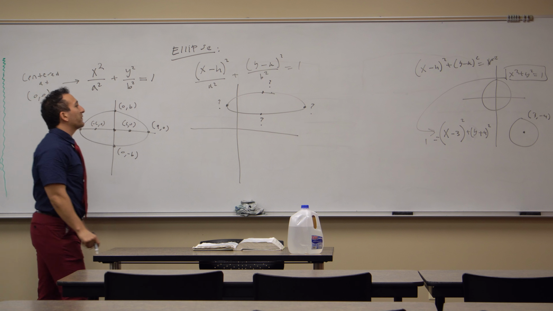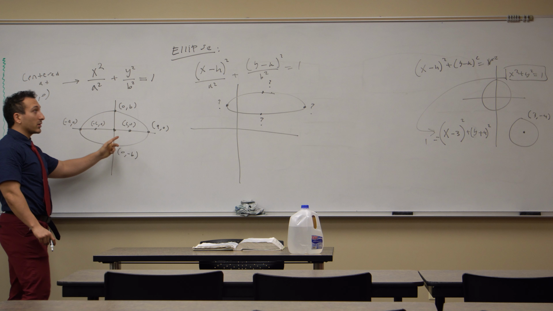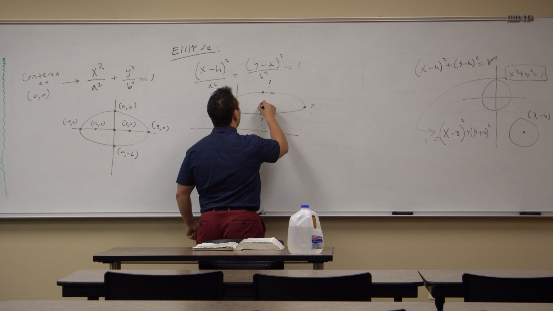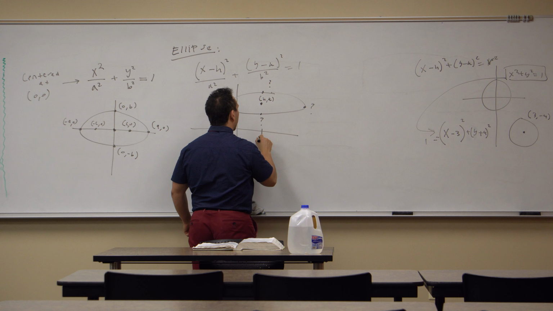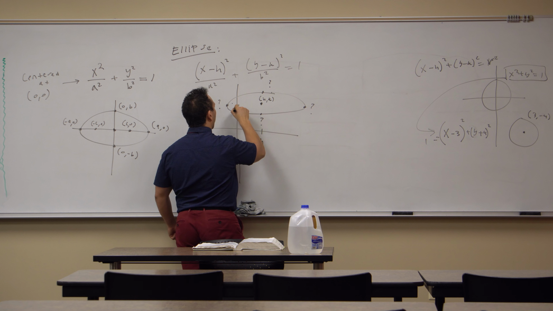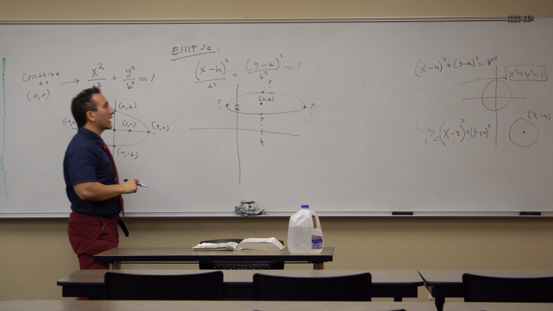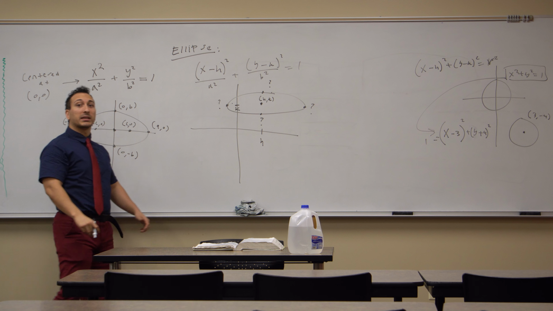And now we've shifted this. This was centered at the origin. This is now shifted. And now this ellipse is centered at h comma k, where right here it would be h on the x, and right here it would be k on the y.